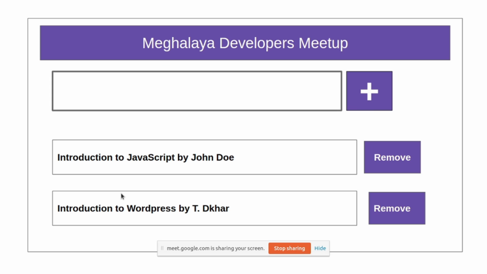Now in this talk, we will build one simple application. We call it a small Meghalaya developer meetups app. Here we have an input box where we can input the title of the talk and maybe attach the speaker, and then we can click on this add button and it will add to our list. Also, if you want to remove it, we can remove it.